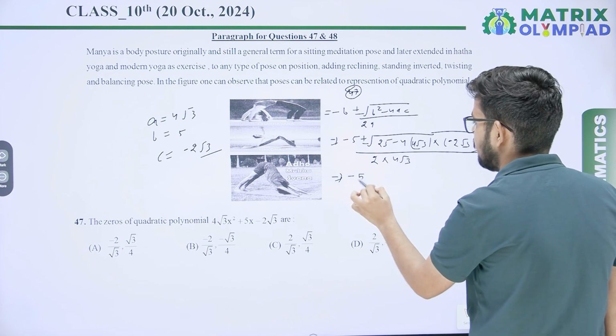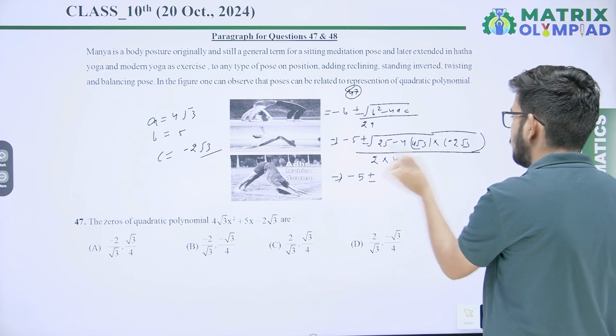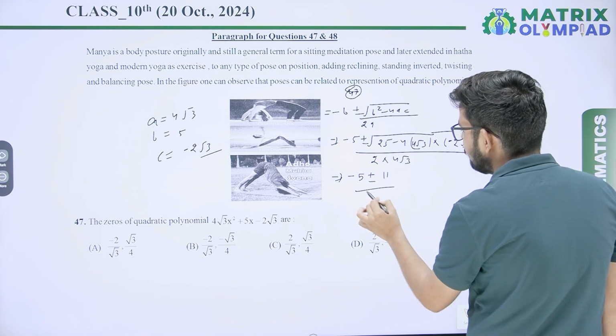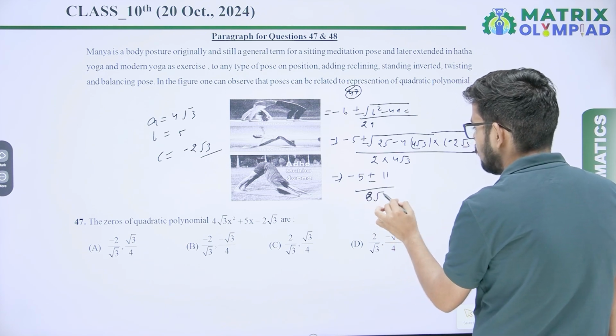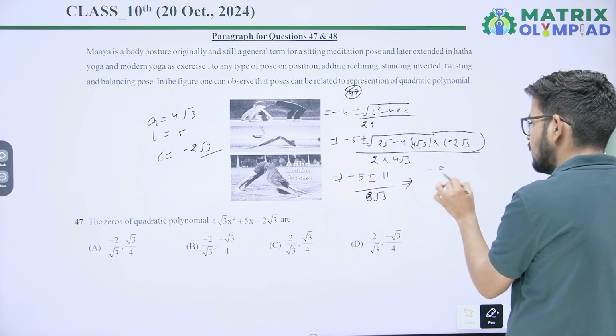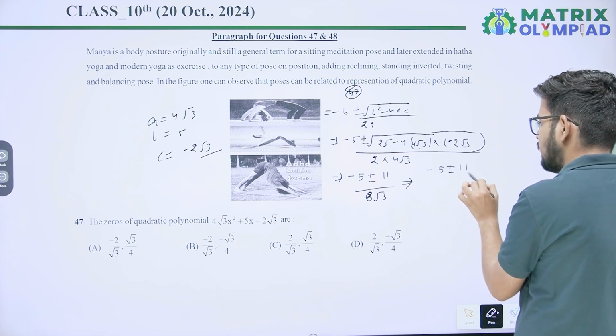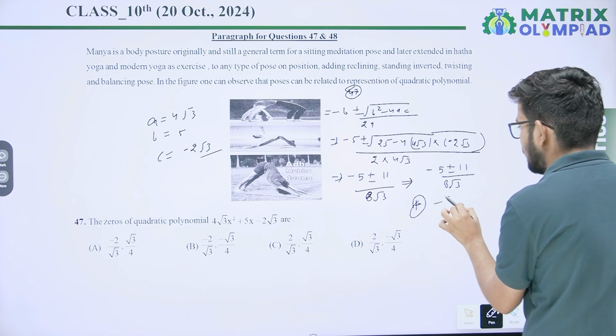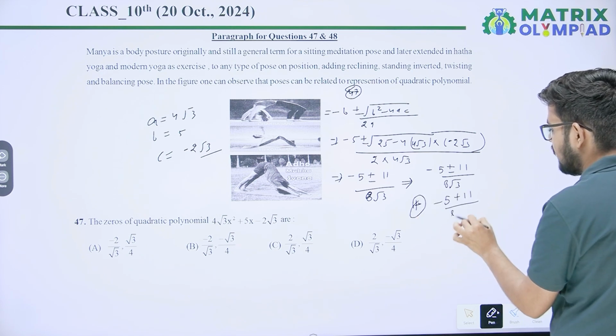So minus 5 plus minus, simplify it, you will get root of 121, and square root of 121 is 11, upon 8 root 3. So the values are minus 5 plus minus 11 upon 8 root 3. Now we are taking plus, so we will get minus 5 plus 11 upon 8 root 3.